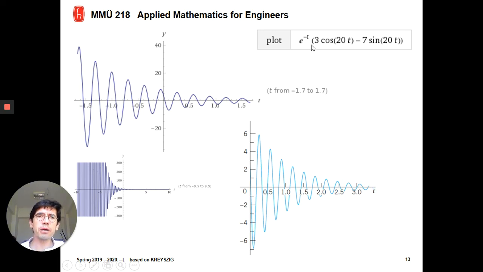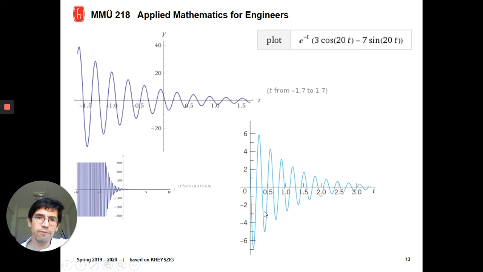Do I see it in my function? Yes. E to the minus t gives me an exponential decay, and some sort of a periodic function in terms of cosines and sines, and it looks like this. So my output signal from that frequency domain is going to look something like this.